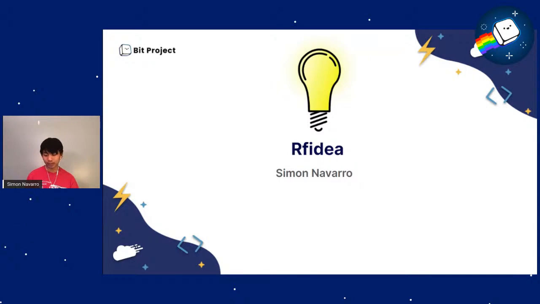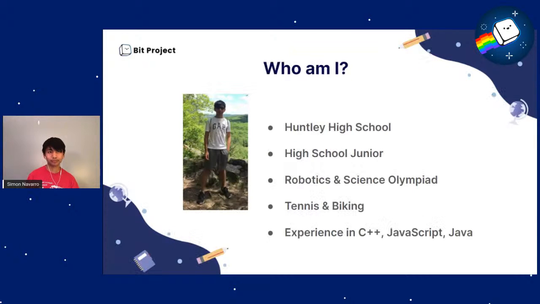I'm Simon Navarro, and I came up with our idea. Who am I? I'm a high school student at Huntley High School. I'm a junior there. The clubs that I did were robotics and Science Olympiad. Robotics especially helped me since it was coding in C++, which is what the Arduino needs.